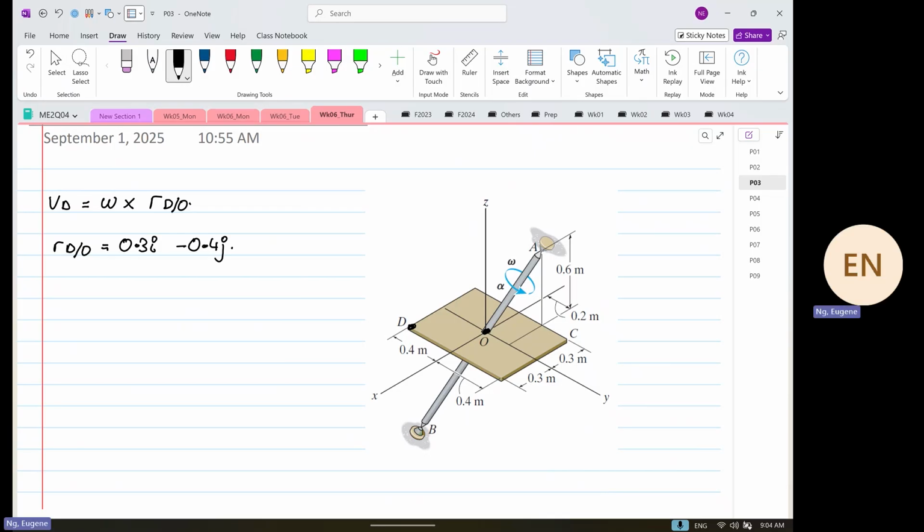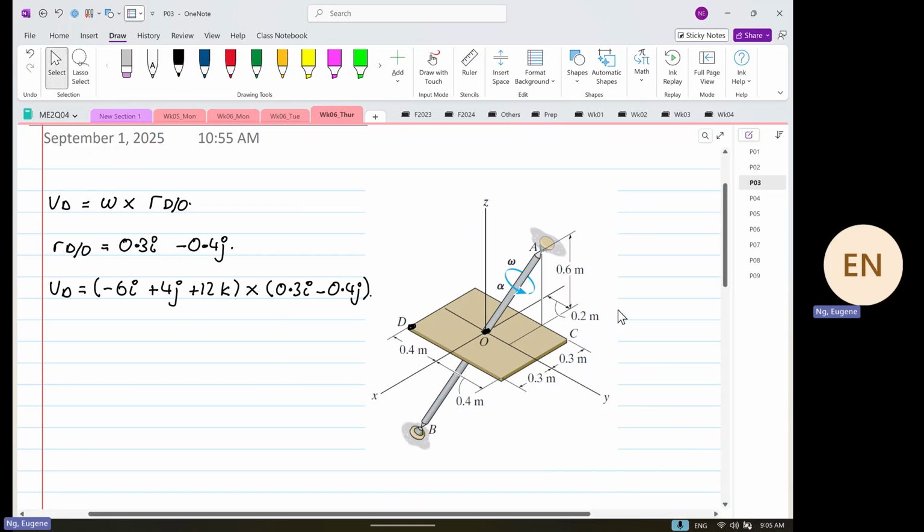So now you have Vd, and then our omega is equal to minus 6i plus 4j plus 12k cross 0.3i minus 0.4j. Okay.